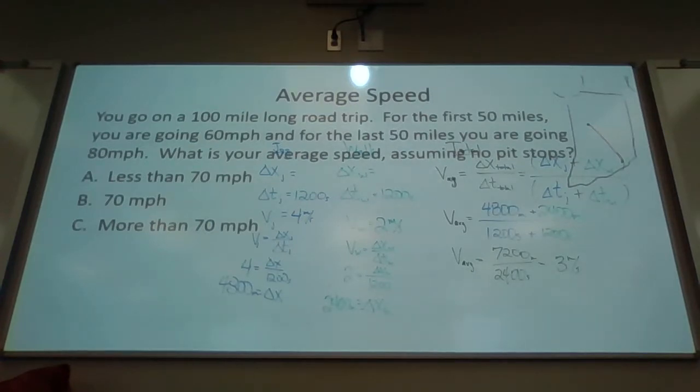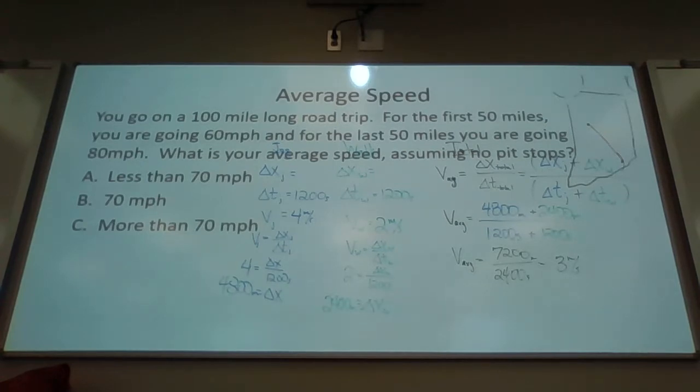Which 50 miles takes a longer amount of time? When you're going 60 miles an hour. Does that make sense? You're driving 60 miles an hour for more time than you are driving 80 miles an hour. So that's going to take your average down.